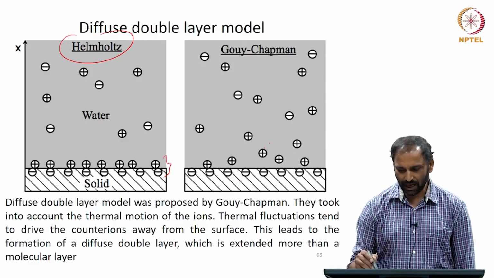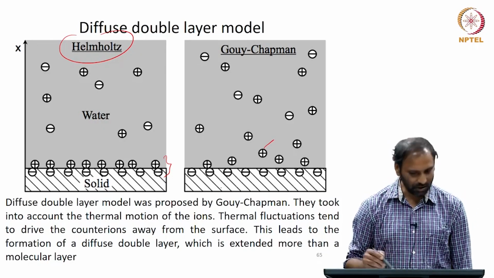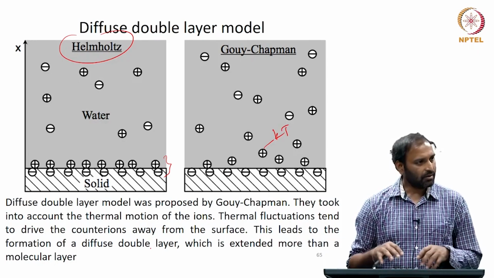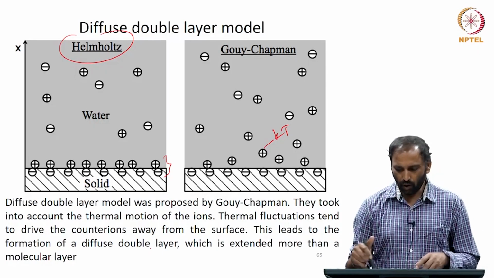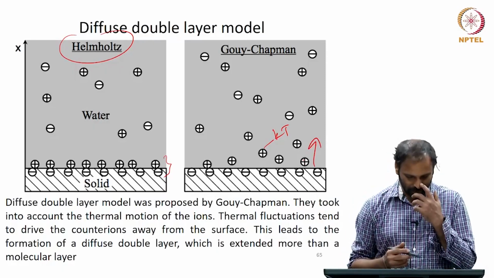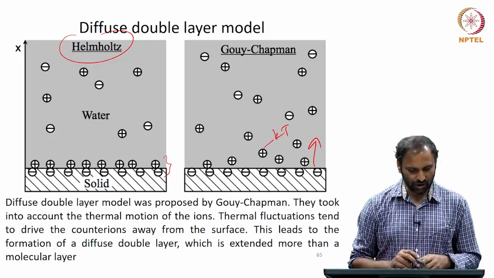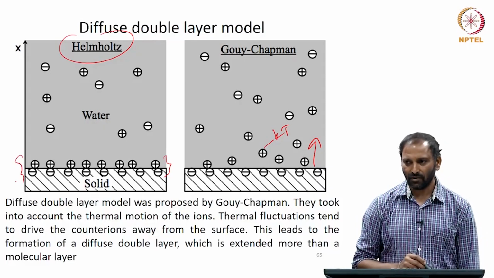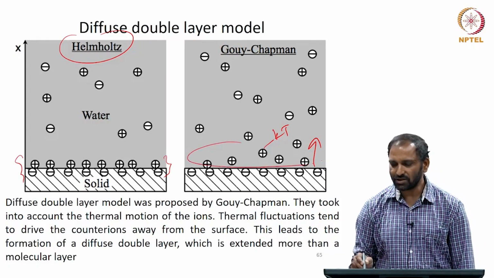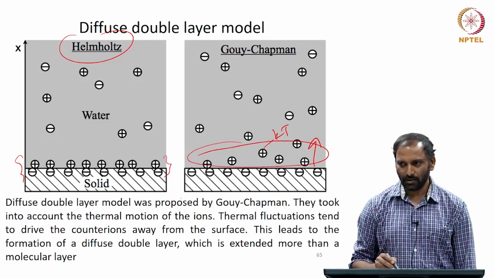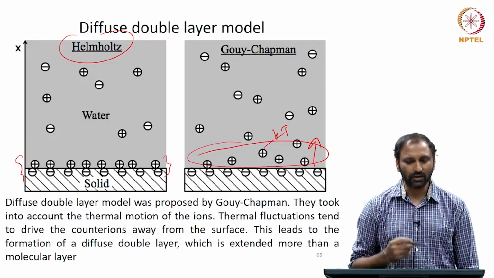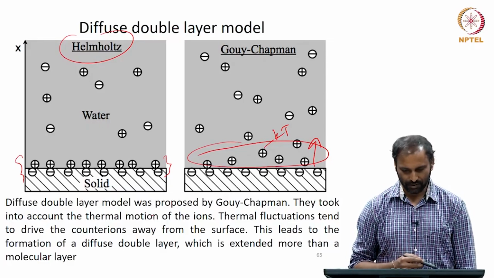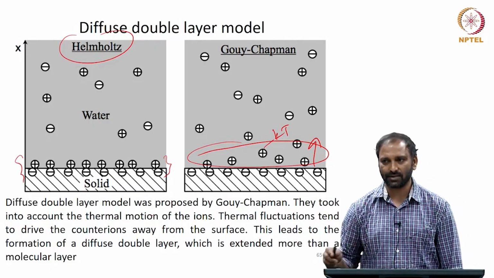They also have thermal energy, kT, and because of this thermal energy they can also go away from the surface. Then you get a distribution which is not exactly like a capacitor arrangement. Of course, there is going to be a larger concentration of counter ions close to the surface, but the arrangement is not exactly like a capacitor kind of concept. We will try and talk about it in the next class.